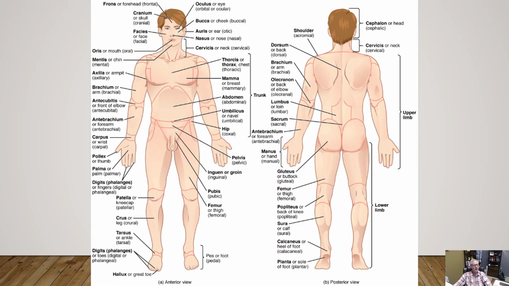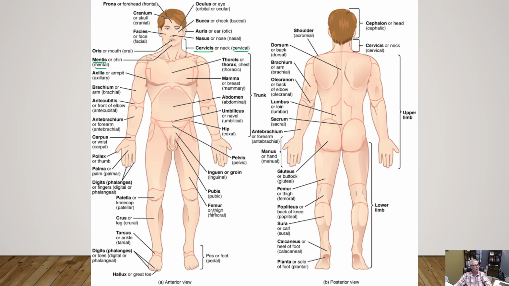The one thing I like about this one is that not only does it give you the noun form, but it gives you the adjective form as well. Cervicus means neck, or cervical is the adjective form. Mentis means chin, or mental is the adjective form.